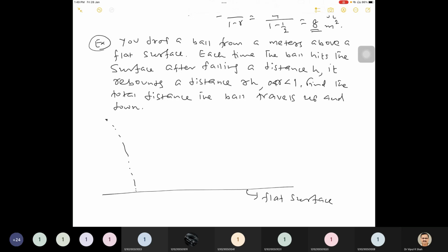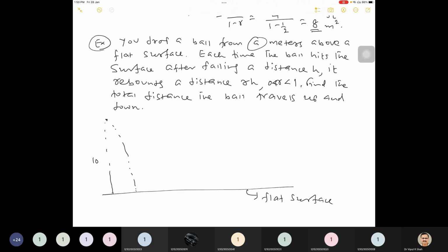And suppose this distance is a meter above a flat surface. I'm just giving one example, say 5 meter or 10 meter.